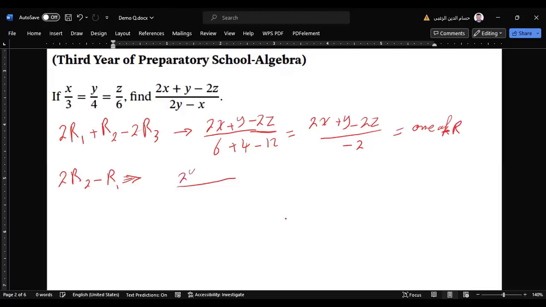So it's 2y over 8 minus the first, minus x over 3, equals 2y minus x over 5. Also equal to one of the ratios.